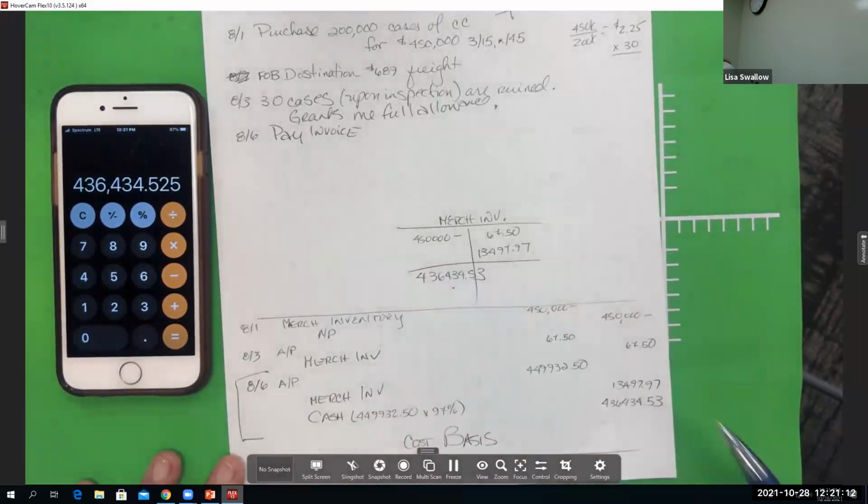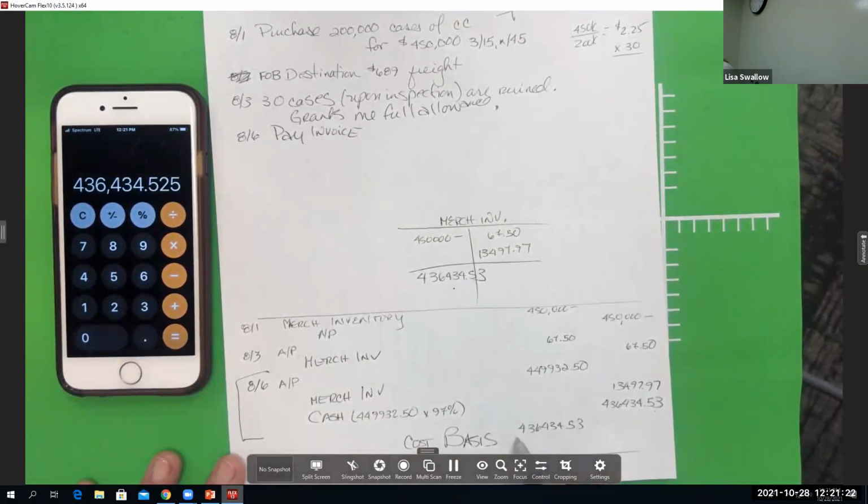Which makes sense, the amount I paid him. How many cases are there? 199,000. 30 of the cases are gone.